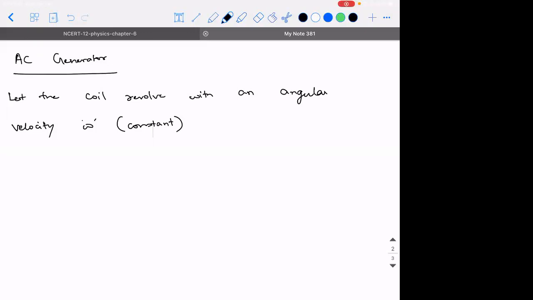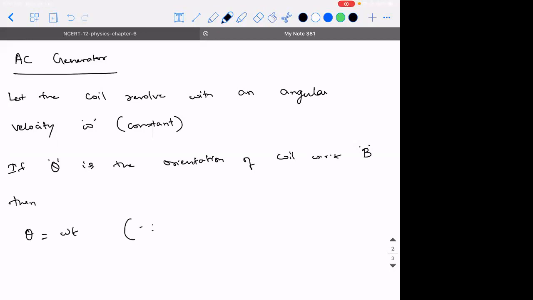So if theta is the orientation of the coil with respect to B, then theta is equal to omega t, since theta is equal to omega naught into t plus half into alpha t square. This is the equation of rotational motion.